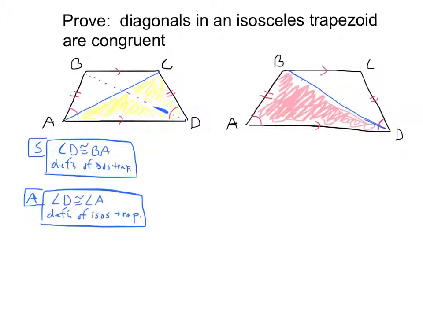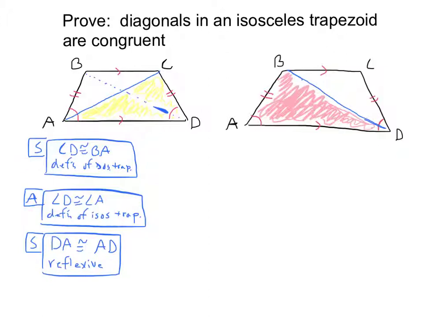So I suppose this one's a little bit tricky. When I go in this order, side, angle, side, this direction I'm going D to A, and on this triangle I'm going here, the angle, and then I'm going A to D. And I list that out here. DA is congruent to AD, and that's true. I can flip the order by the reflexive property. So I've got side, angle, side.